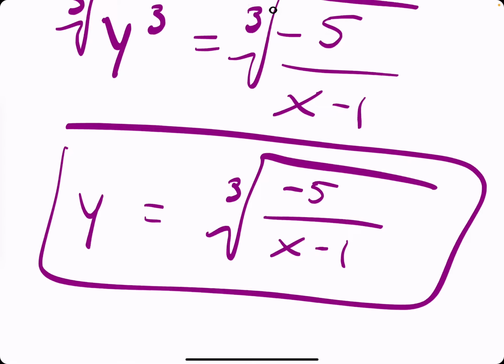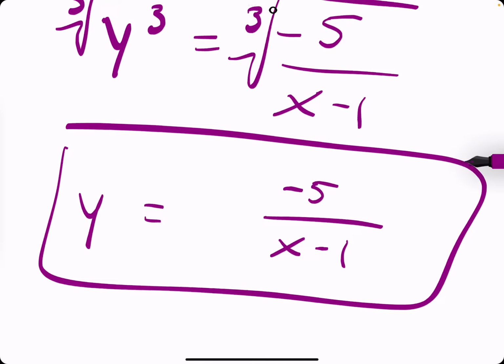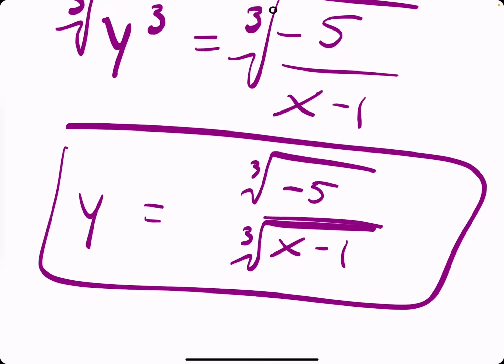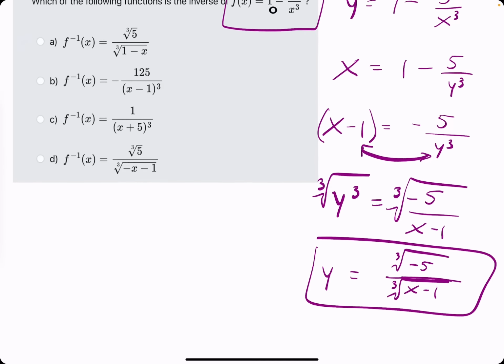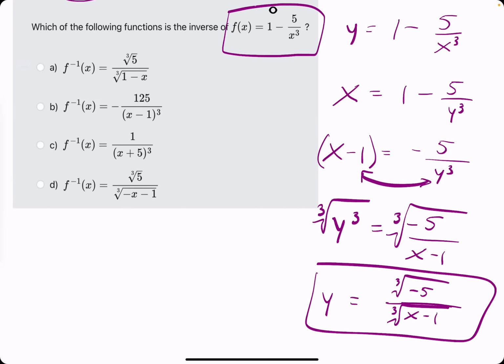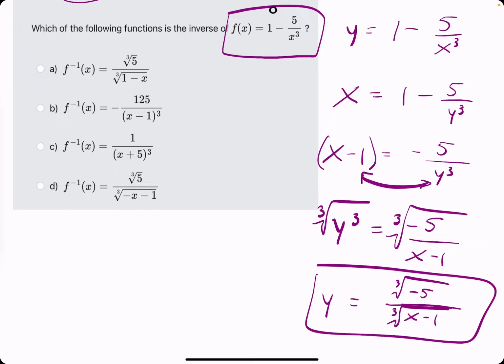If we have the cube root of this whole fraction, that's equivalent to the cube root of each of them. So that's a fair place to start, right? Cube root of negative 5 over cube root of x minus 1. If we're taking the cube root of 5, that's not going to give us 125. 125 is 5 cubed, and so we can eliminate that.